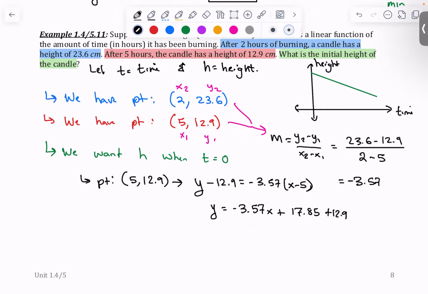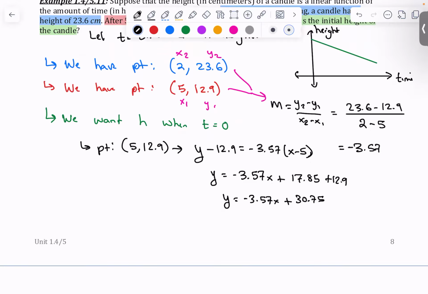What's going on here? 17.85 plus 12.9 is 30.75. Okay. So this is going to be y equals negative 3.57x plus 30.75.